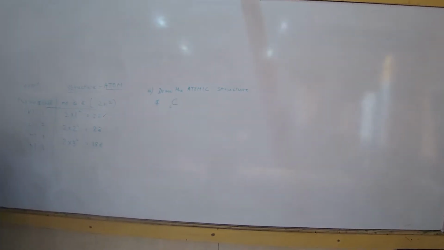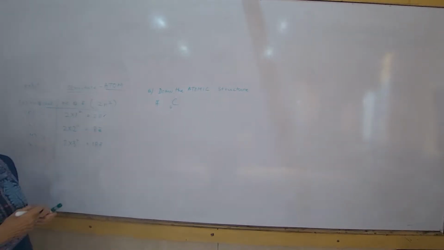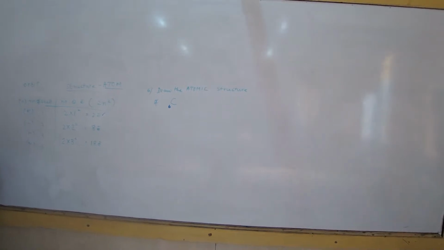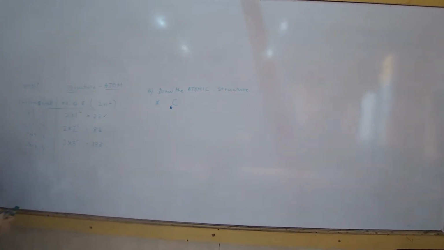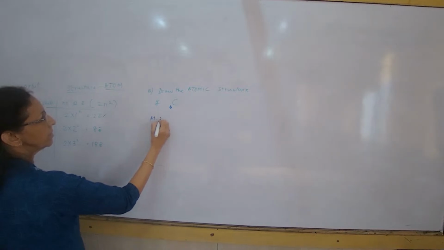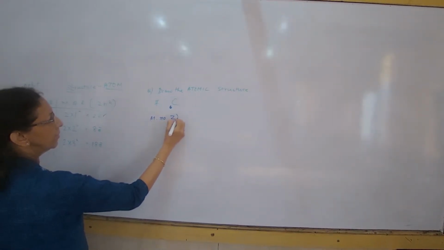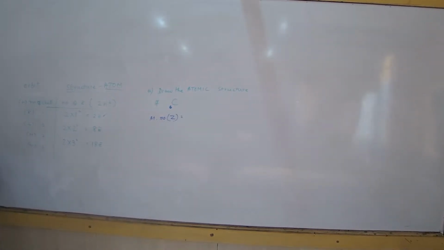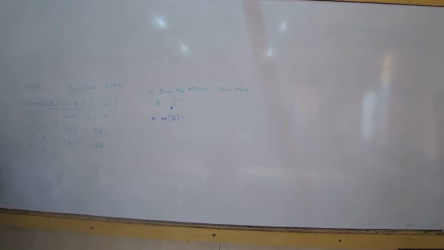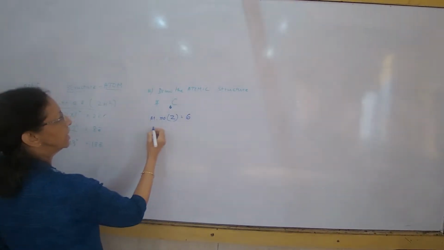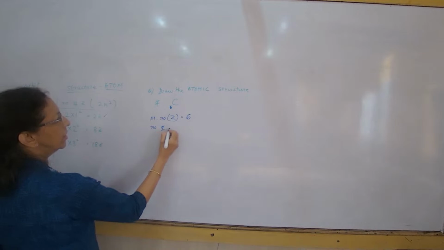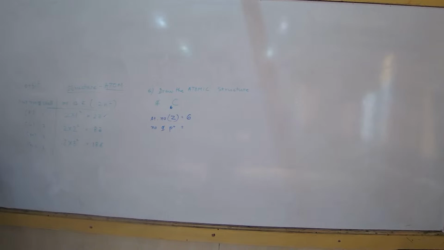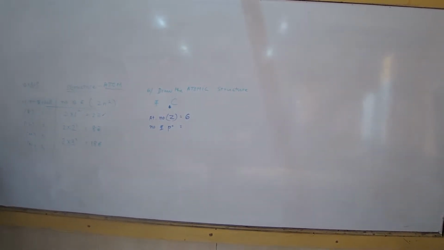What does it tell us? Okay. The number 6 is very important because that will give you a lot of information. What is it? Atomic number. What is the atomic number? Abhishek, what is the atomic number? 6. Atomic number is equal to what? Number of protons. 6. Ahmed, tell me. How many protons? 6.